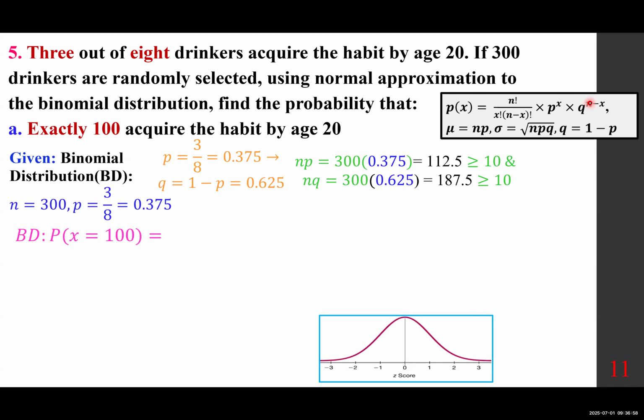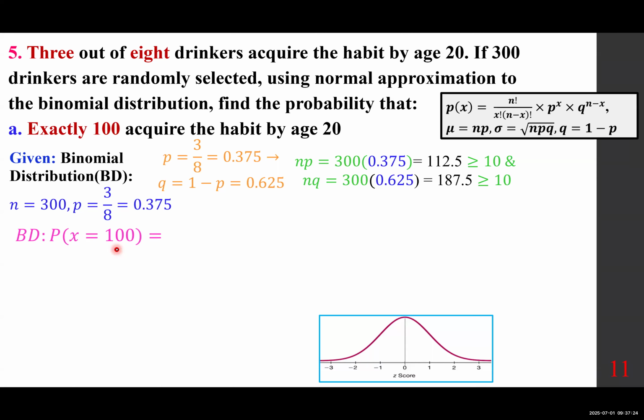But as far as approximation is concerned, binomial distribution is discrete, normal distribution is continuous, and a single value has a probability of 0 when it comes to a continuous random variable, including the normal distribution, because it doesn't cover any area.